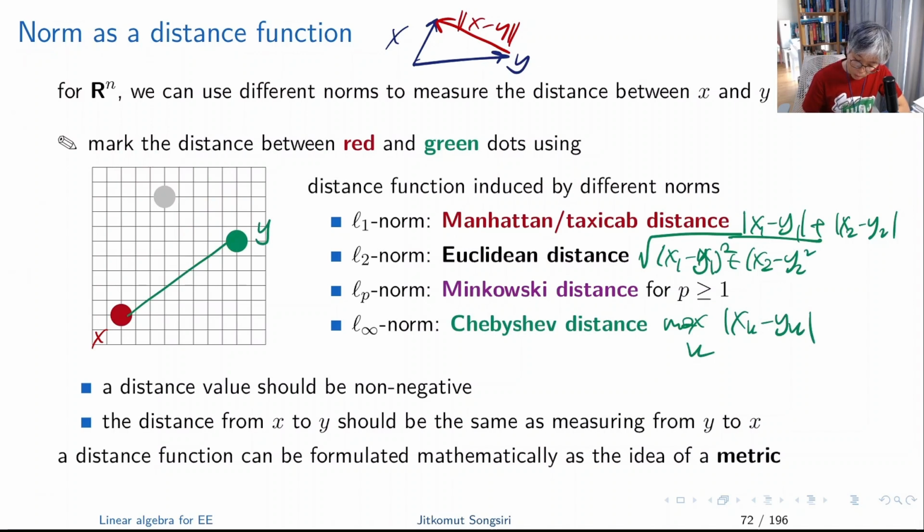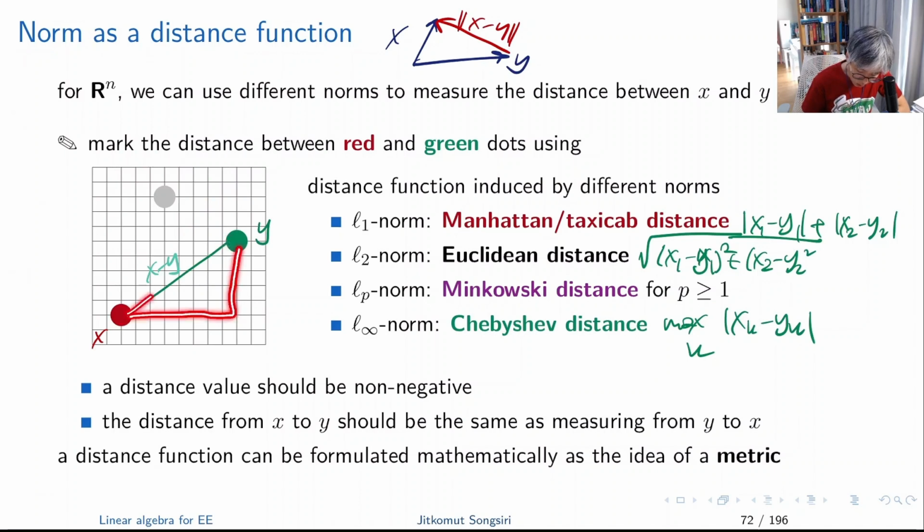So for L1, what I wrote here is the vector x minus y. Therefore, for the L1 norm, you actually measure this width plus this width, and that's going to be the L1 distance. Okay. So in order to go from x to y, you actually walk around the corner.